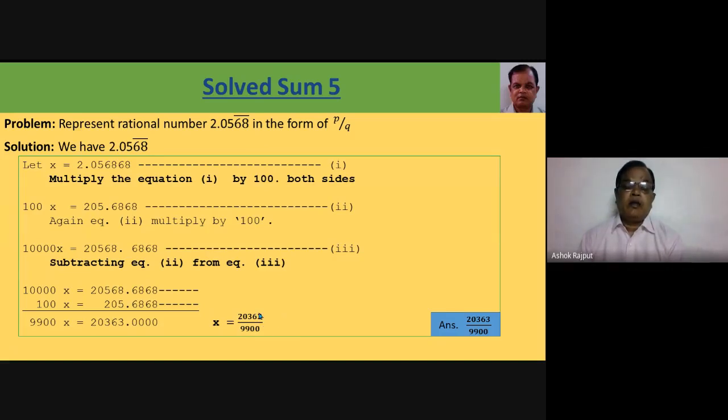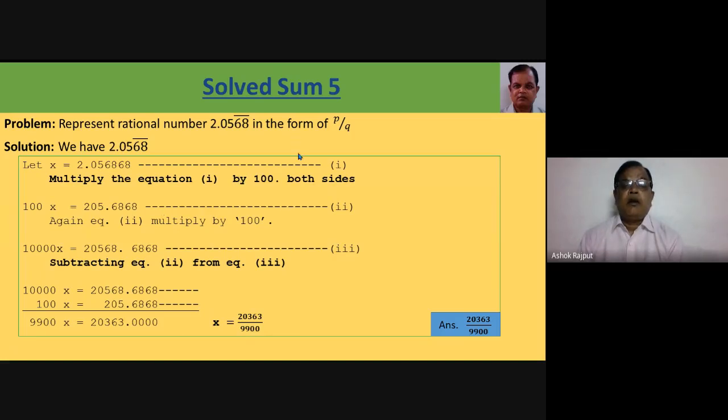Here it is the value of P, it is Q. Q is not 0, so it is a rational number also. So this way we can represent the value of the given number in the P by Q form, and such types of questions may be other, here the bar may be changed also, here the bar may be at 3 places also, 4 places also. So you can solve this way.